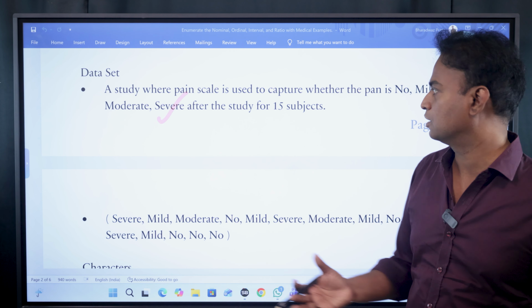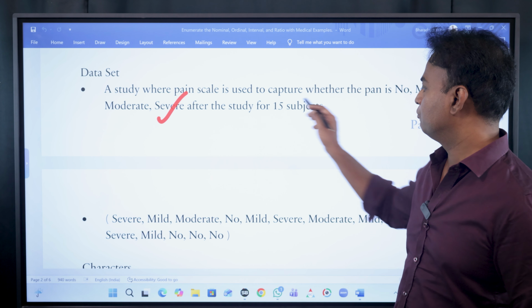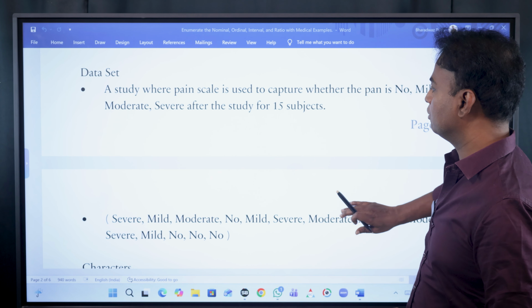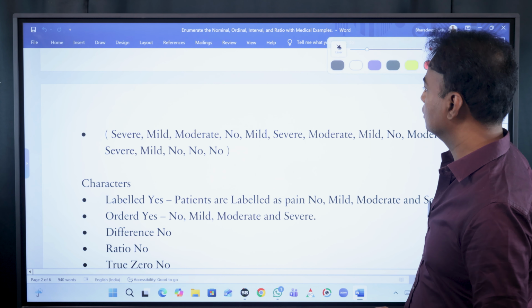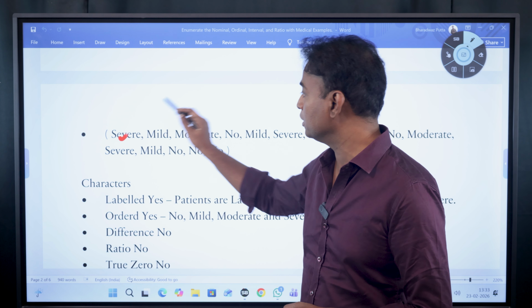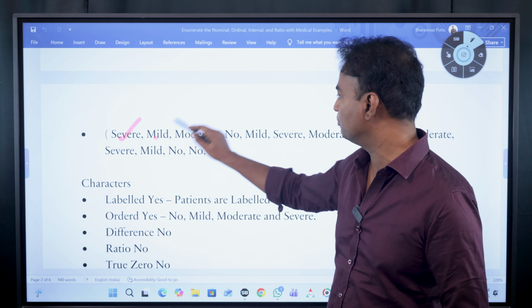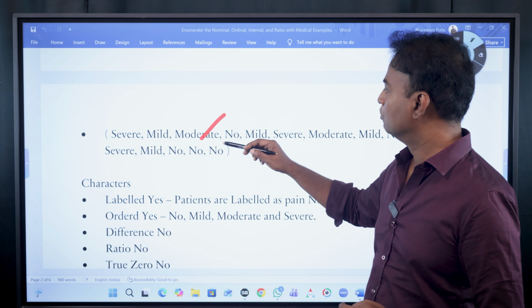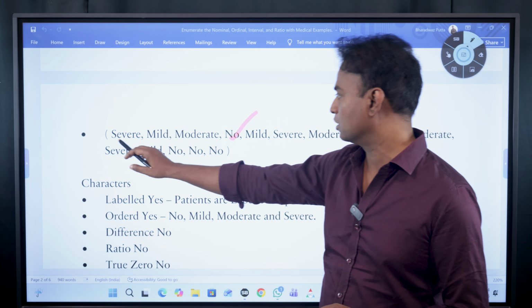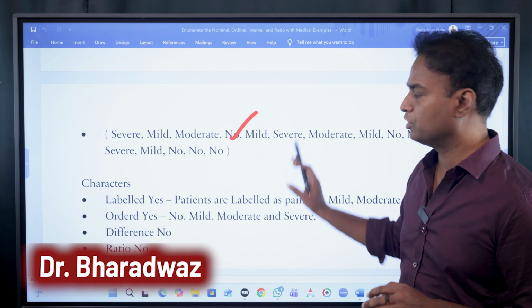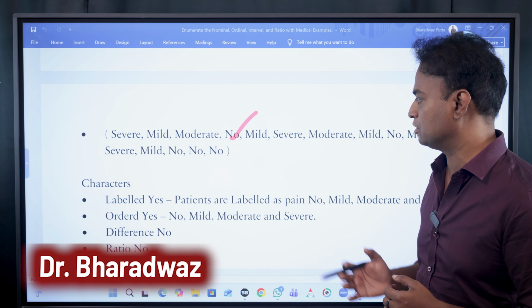Imagine there are 15 subjects. The first patient still has severe pain, the second mild pain, the third moderate pain, the fourth no pain. In this way we have collected the data of 15 patients.